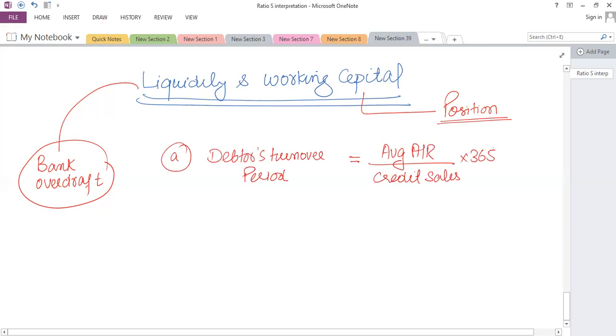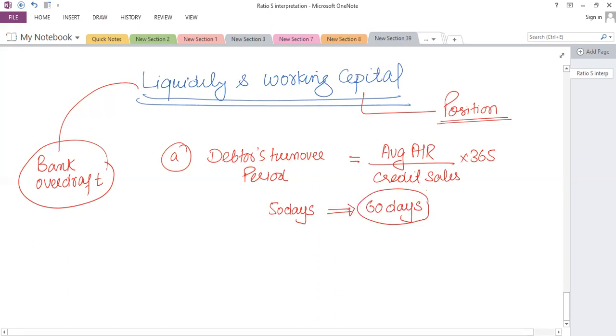Now, for example, you have to find out the reason. Previously we had, say, 50 days of credit period, and now that has been enhanced to 60 days. Now, every student knows that it's not good for the organization.